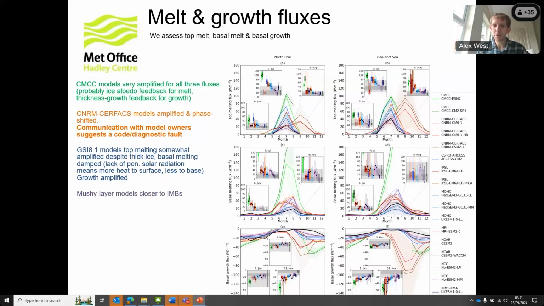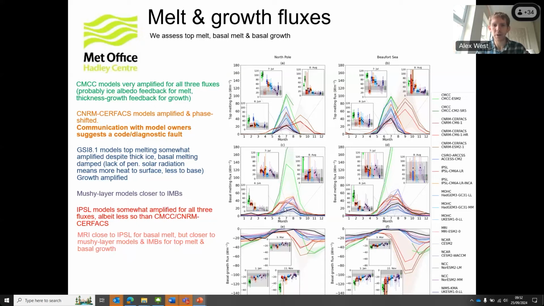The mushy layer models, the purple ones, these tend to be closer to the ice mass balance buoys in all respects. Again, perhaps growth slightly amplified on average, although this is not the case for every model here. The IPSL models, they're kind of intermediate. These are the red lines here. They are slightly amplified, but less so than for these top two groups.